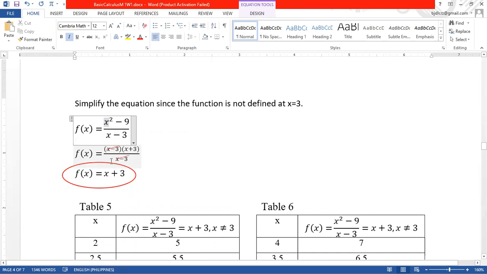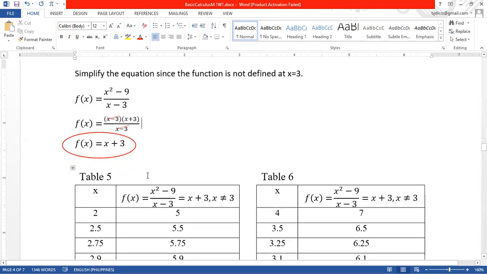As we can see, we need to cancel the denominator, which is x minus 3, because the denominator cannot be 0. So we cancel out x minus 3. So our f of x now is equal to x plus 3.